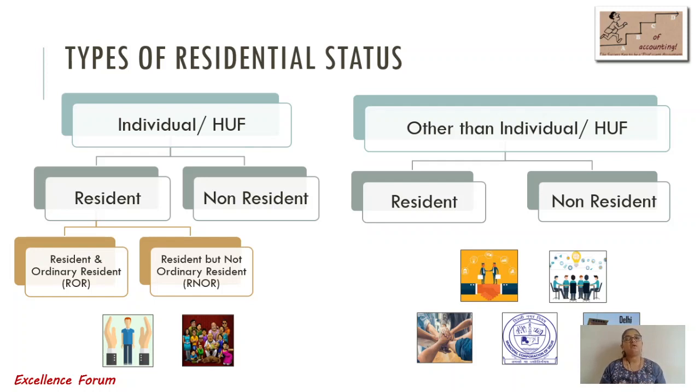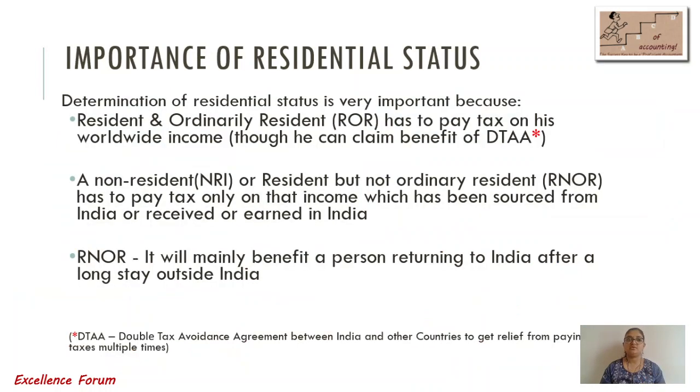Before we actually go into the provisions of how we determine the residential status, I think we must first understand the importance or relevance of these determination provisions. A resident and ordinary resident person has to pay tax on his worldwide income.